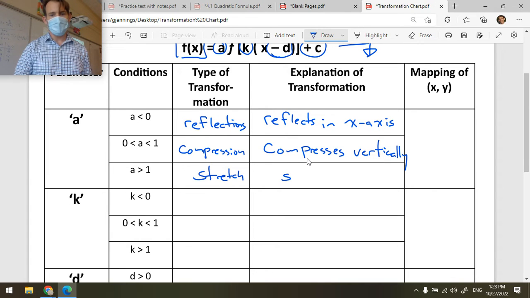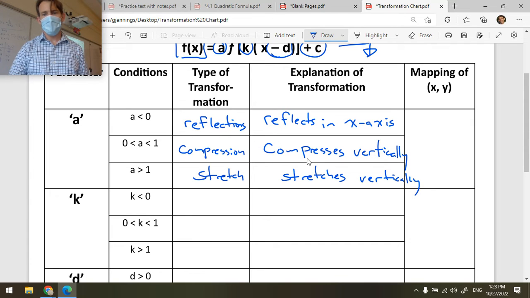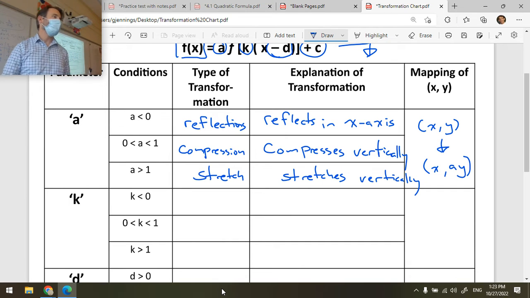And it stretches vertically. So how does it map x, y? Well, x, y will map to x, a times y. That's how your points are going to change. Your function is going to change its vertical dimensions. Its roots, or any points that are touching the x-axis, will have y values of 0. They won't move. They won't change.